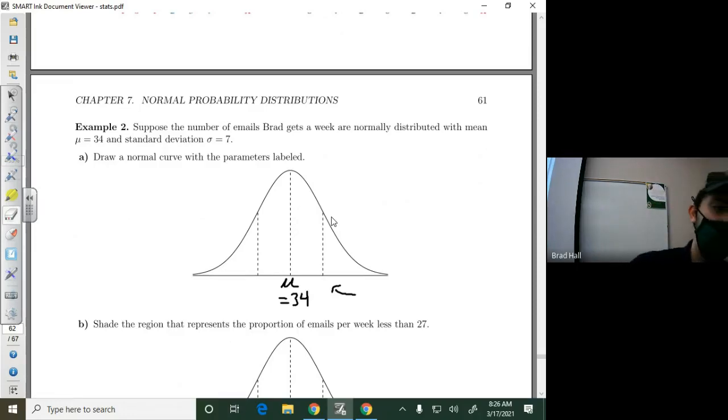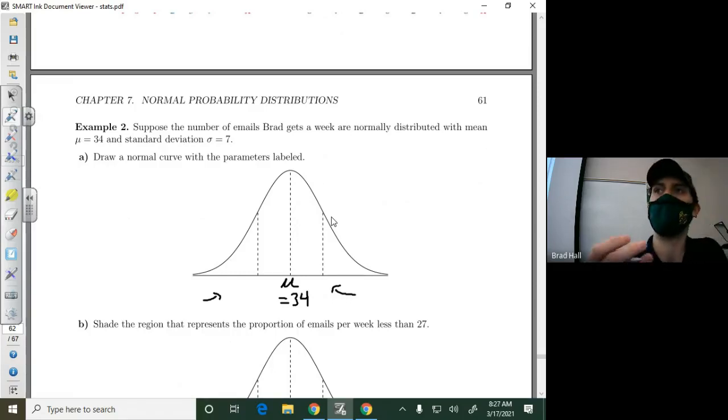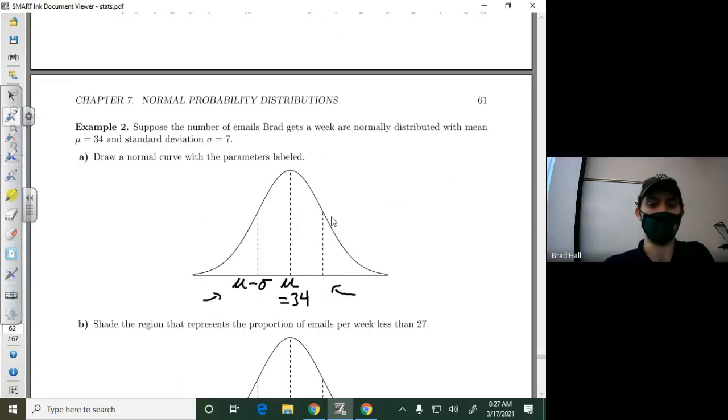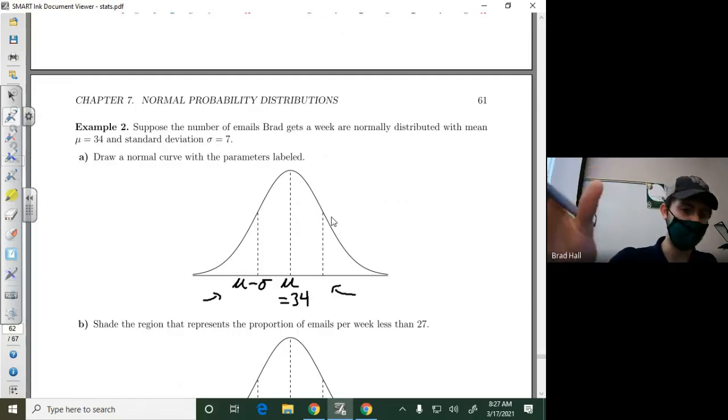So remember, these outer ones, the generic labeling for it would be whatever the mean is minus 1 standard deviation below. Well, I mean, you answered the question. You answered it correctly. In general, it's the mean minus the standard deviation, which is exactly what you said.